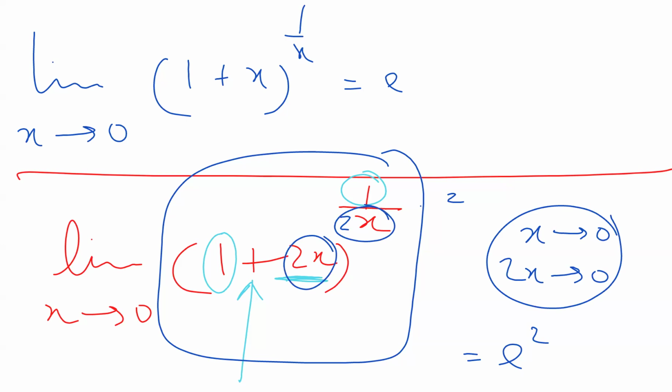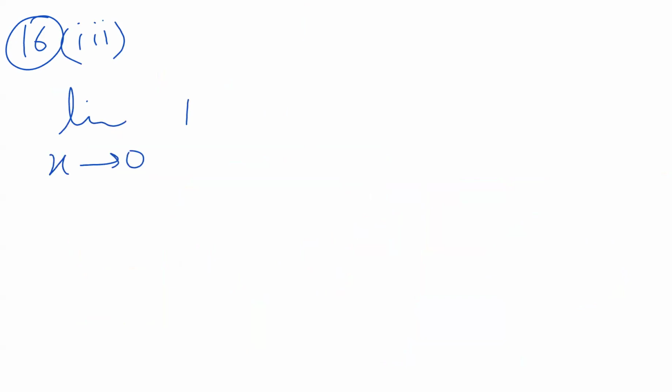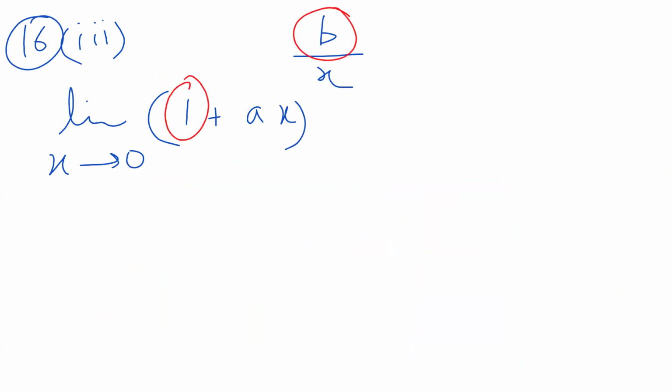Let us take some problems from the worksheet. Question number 16, sub question 3. A very simple problem. X approaching 0, 1 plus ax, raised to b upon x. Now, if this is 1, this is supposed to be 1. So first we'll eliminate that b.